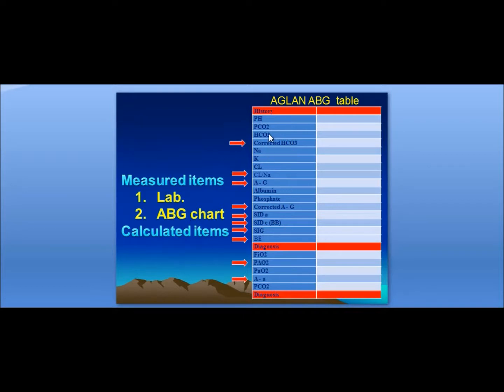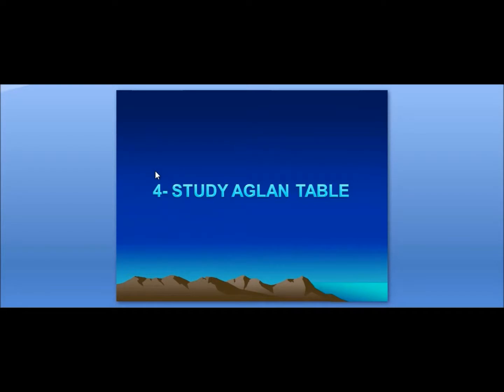These spaces are of 2 kinds. Number 1, the measured items will be taken from the lab investigation and the ABG chart. Then the calculated items, with these red arrows, you have to calculate before starting the Aglan ABG table. Number 4, study the Aglan table.